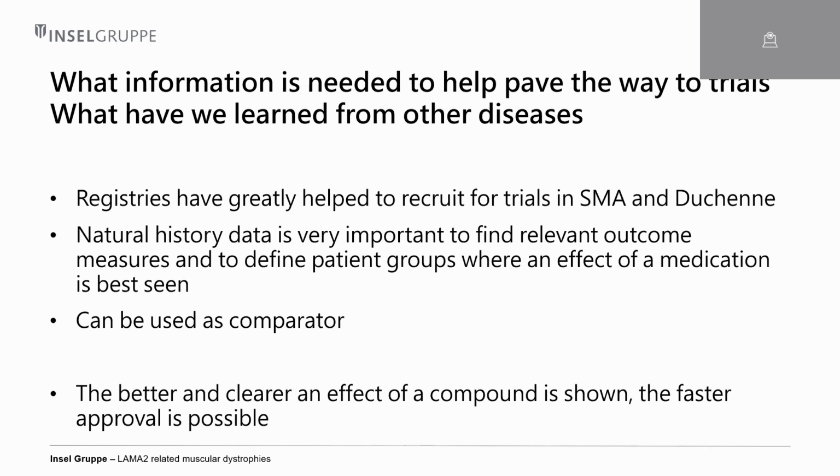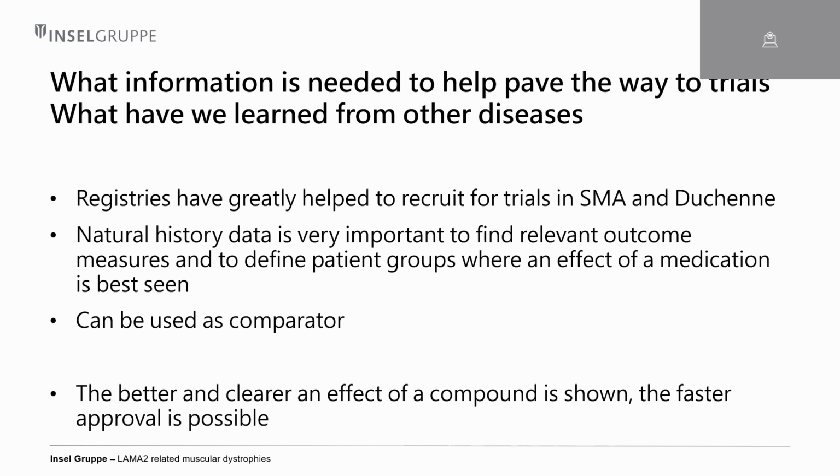I think what we learned from other diseases is that in SMA and Duchenne, the registries where this information was stored have greatly helped to recruit for trials. I think this has helped a lot. And actually, what we also learned is that when the first medications came into the field, we were not so good in outcome measures.